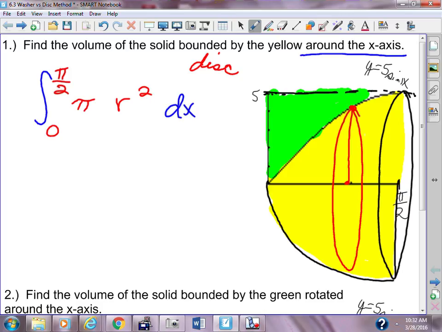Doing that does hit one ordered pair on that curve, and that point would change as the slice moved. So that is an XY ordered pair on that curve. And that red radius, does that have to do with the X or the Y value? Y. So that tells me the radius is a Y value on the curve.